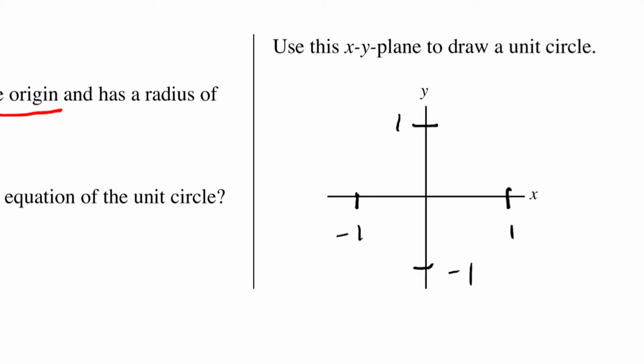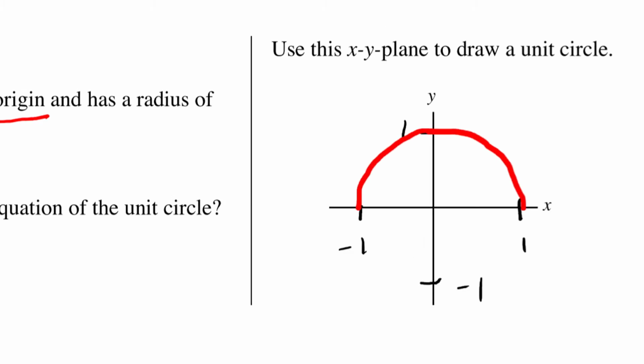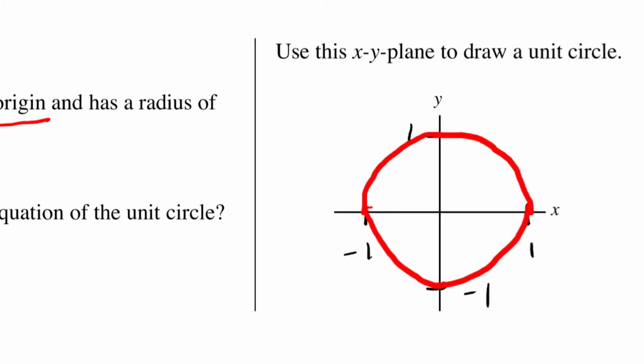And then we'll use our very best drawing skills to draw in the unit circle. Well, we won't use our very best drawing skills. That's really awful. That's not so bad.